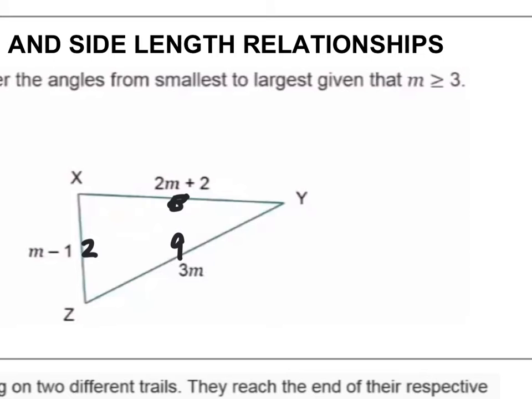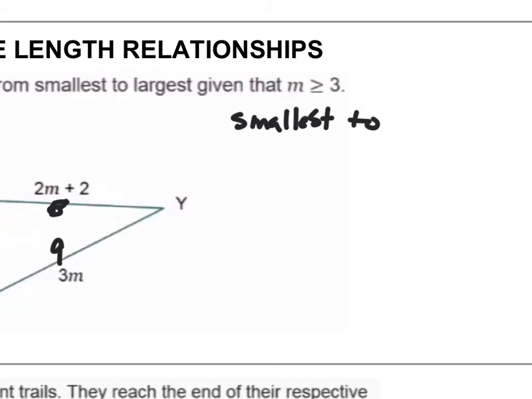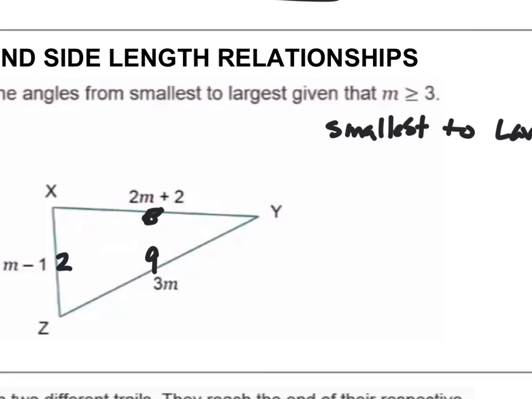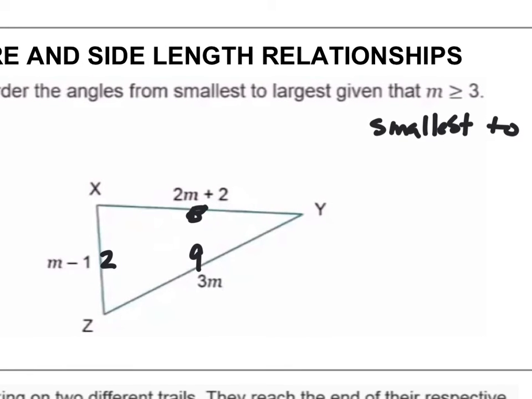Now let's do this. Let me do smallest to largest, and I'm going to color code these again. So my smallest side length was XZ with 2. So XZ, and that had a length of 2.